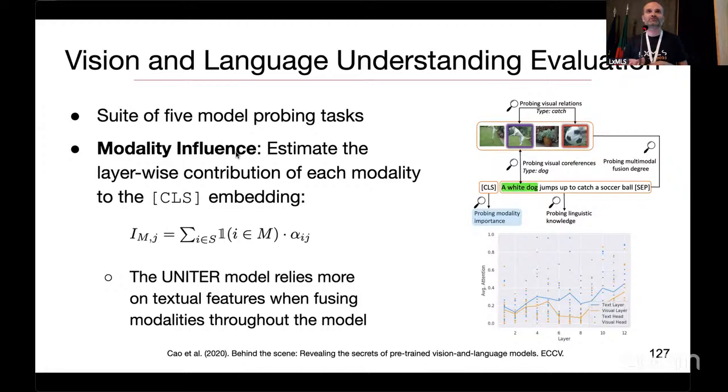And one really interesting observation from this type of understanding approach was that back in 2020, the UNITER model was actually much more attentive to textual features throughout the model than visual features. And this is the type of thing that's not going to be apparent if you're just working on task success or task performance.